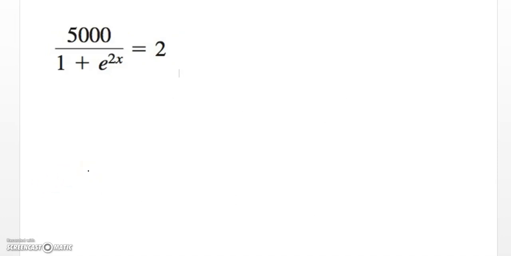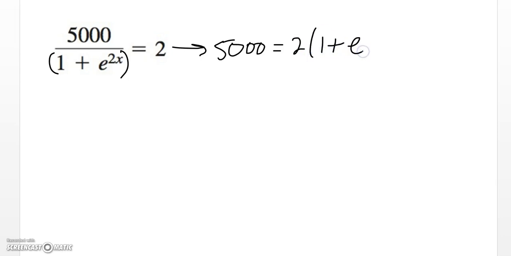Now this example, same idea. We want to get the x by itself. So we'll take this bottom and we'll multiply both sides by the bottom. And so we will get 5,000 and then we'll write it as 2 parentheses, and then we can do this.